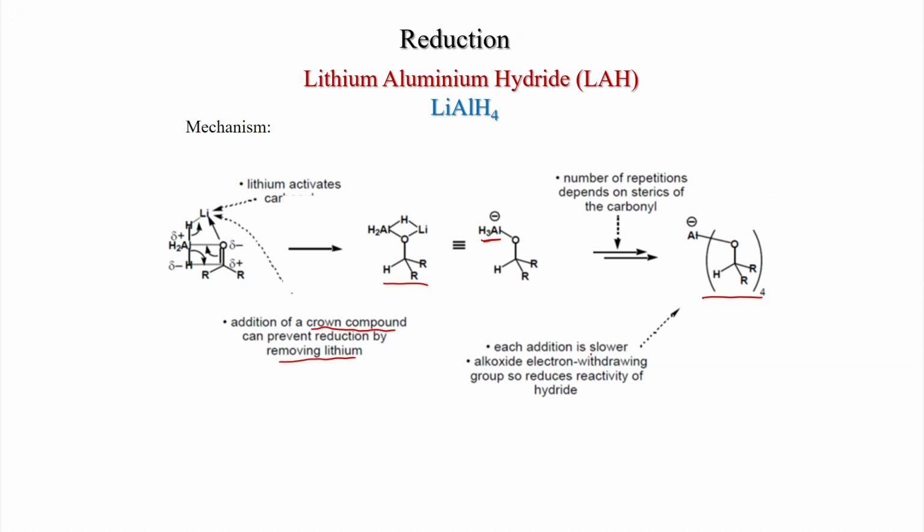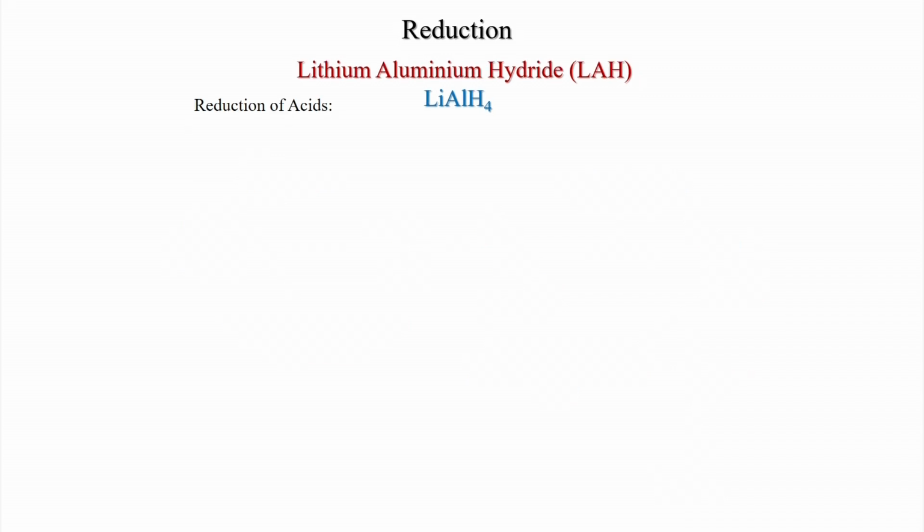Also, each addition is slower because the alkoxide is an electron withdrawing group, so it reduces the reactivity of the hydride. So, the reactivity is less compared to lithium aluminum hydride. And ultimately, if you treat with a proton source, then you get the alkoxide to alcohol.